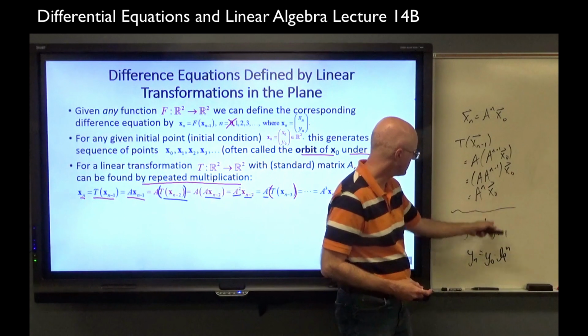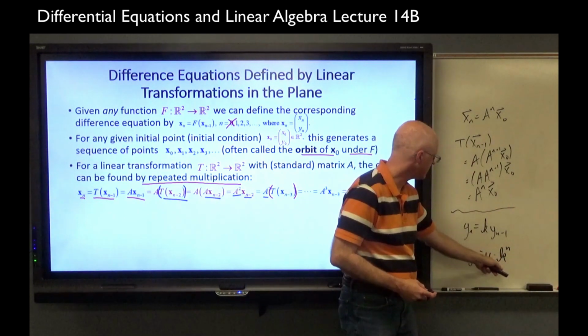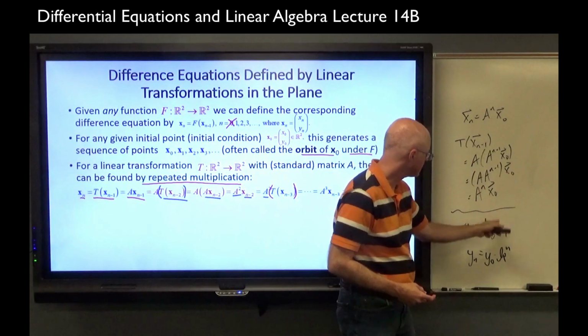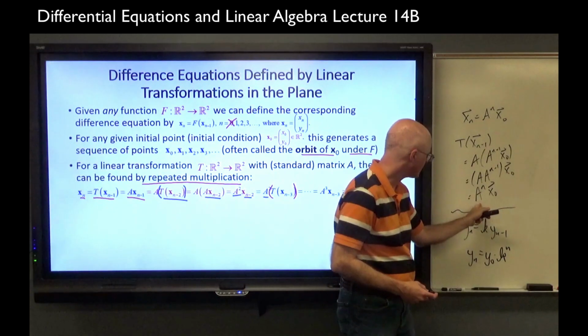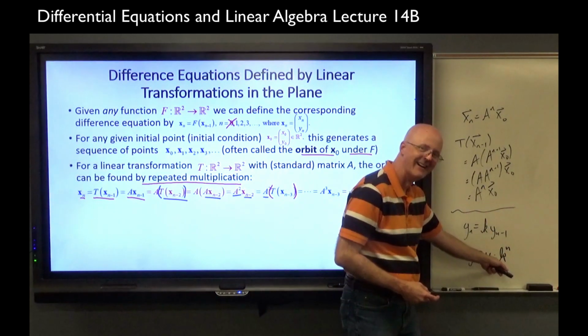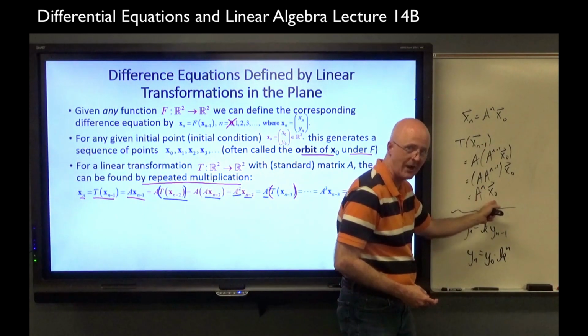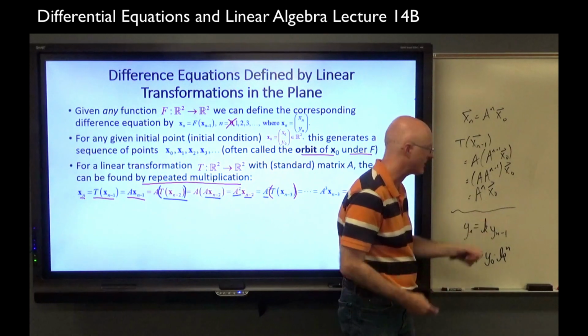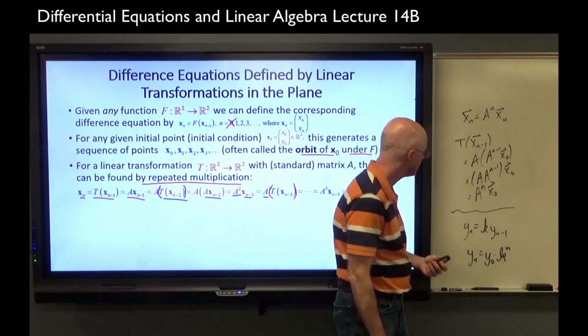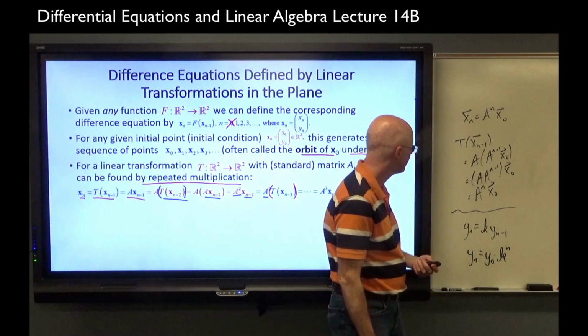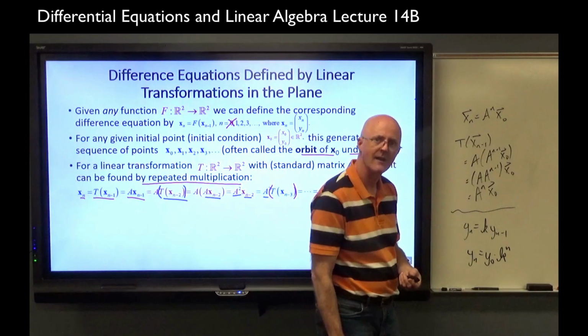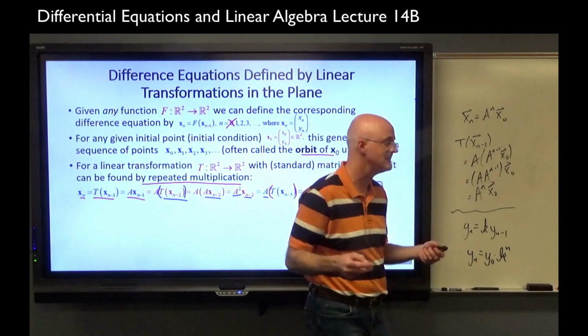Got an x0 vector in place of a y0, A to the n in place of a k to the n. That's a vector, this is a scalar. That's a matrix, this is a scalar. But you see the analogy? The vector does need to be on the right side of the matrix if I'm thinking about vectors as column vectors here. Very similar thing. Connections.